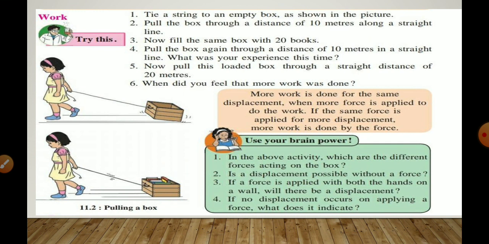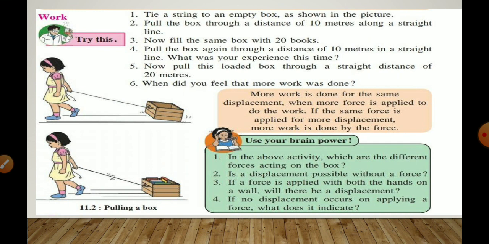कैसा लगेगा आपको? Which is easier and which is difficult to do? When the box is empty, we can pull the box easily. And when the box is filled with books, it will be heavy to pull the box. More energy is needed to pull the filled box, isn't it?